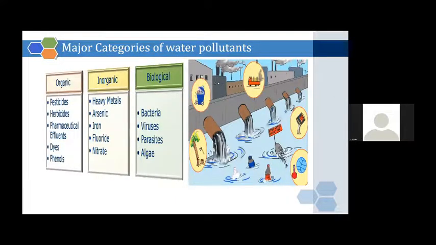Water pollution comes from various sources. Hazardous pollutants in wastewater include biological pollutants like bacteria, virus, parasite, and algae, while chemical pollutants are divided into two major parts: organic pollutants and inorganic pollutants.